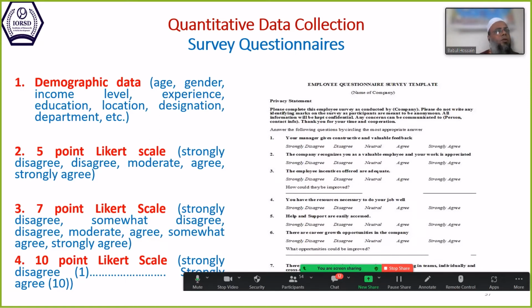According to Hair, Chin and some other renowned statisticians, they suggest the items should be between 5 to 7 if you are planning to use structural equation modeling.